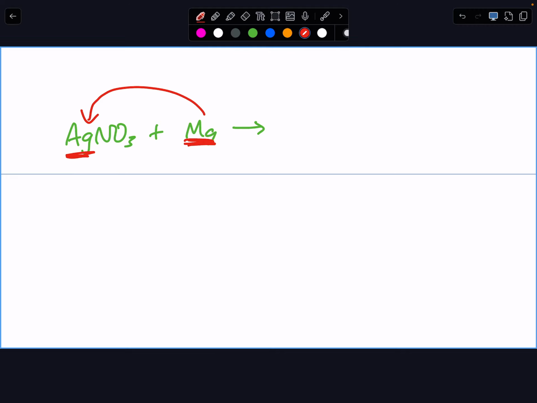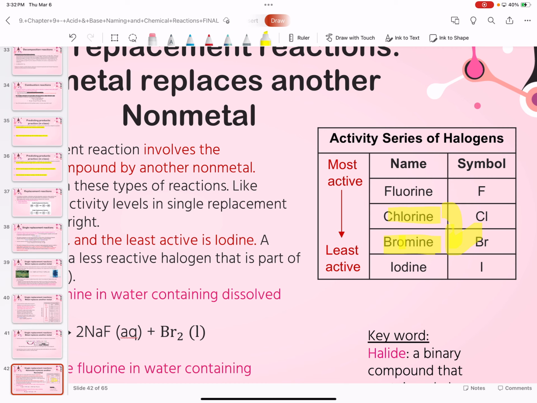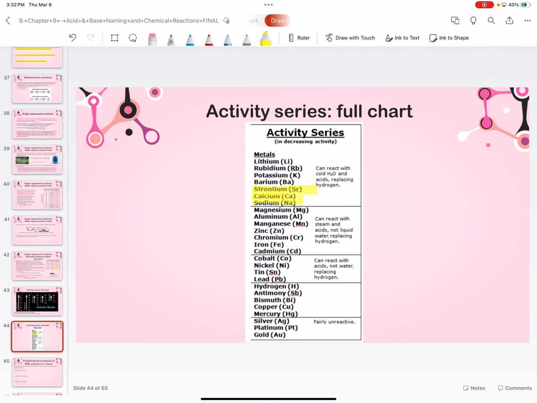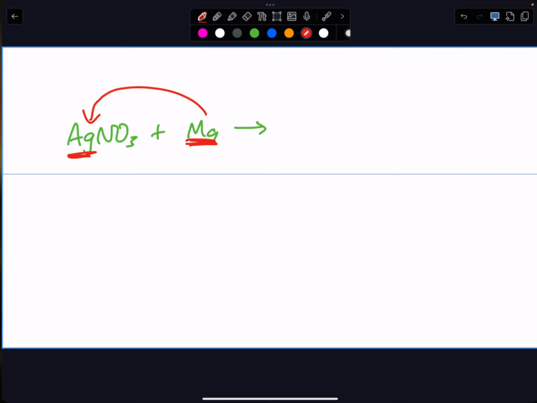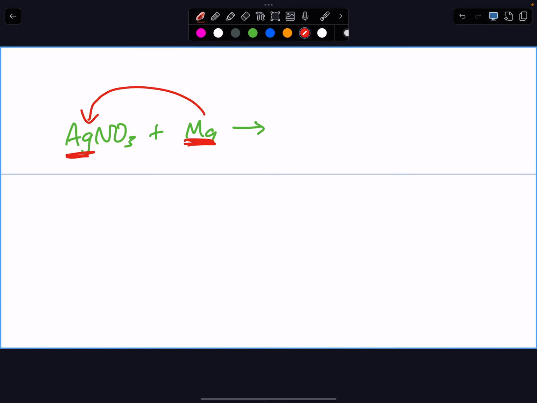Ag, because he's the other metal. Can Mg replace Ag? Yes. That's when we use the activity series, and it's only applied for single replacement. Correct.